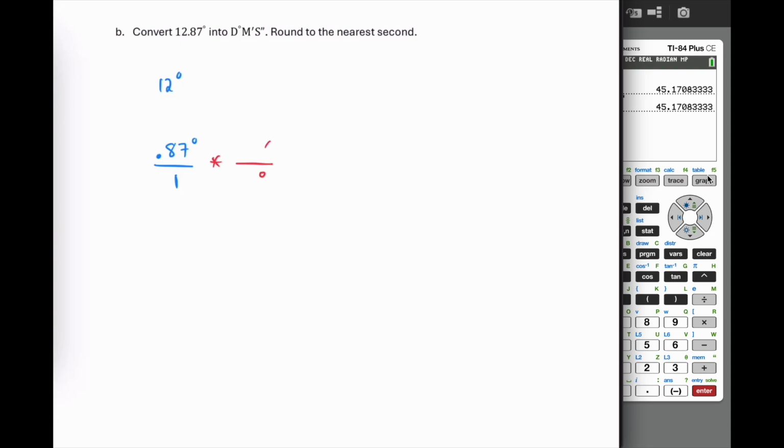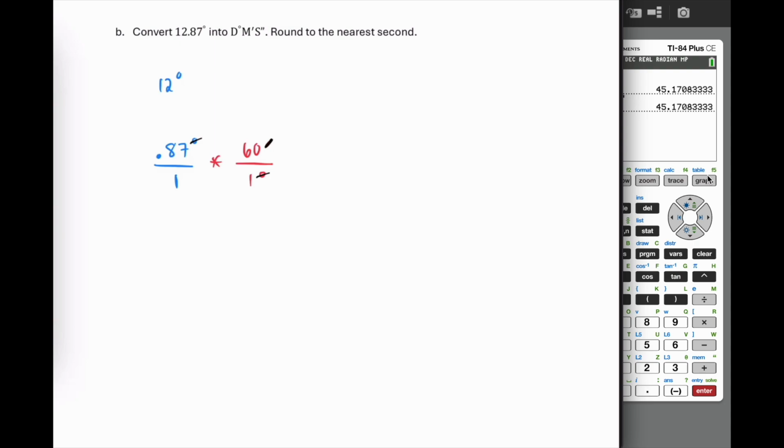Now, what are the numbers that are going to make this ratio equal to 1? Well, there's 60 minutes in 1 degree, so we populate the numbers in this direction. Since those two quantities are equal, this is considered to be a well-chosen 1, or a ratio that's equal to 1. So now let's multiply, noticing that the degrees are going to cancel top and bottom.